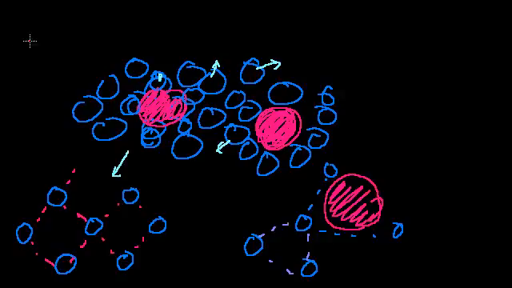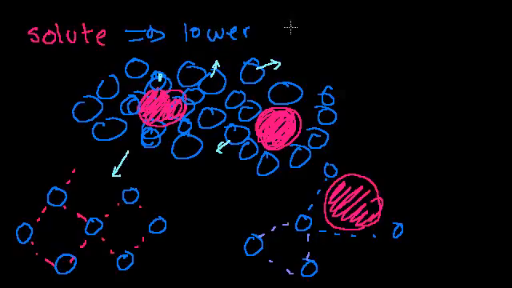So solute particles make you have a lower freezing point, where you have to go. Let's say if we're talking about water at standard temperature and pressure, or at 1 atmosphere, then instead of going to 0 degrees, you might have to go to -1 or -2 degrees, and we're going to talk a little bit about what that is.